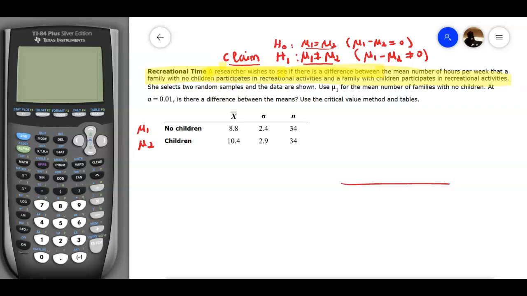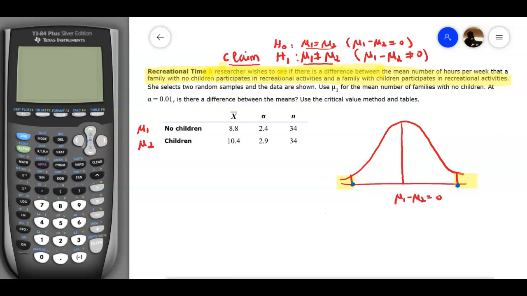So this is my normal distribution, and this is the difference mu1 minus mu2, which is supposed to equal 0 here, and we want the two tails here. So this is a two-tailed distribution, and these points here should be the cutoffs. We'll figure out what they are later on.